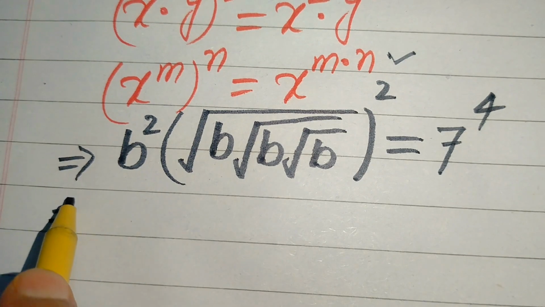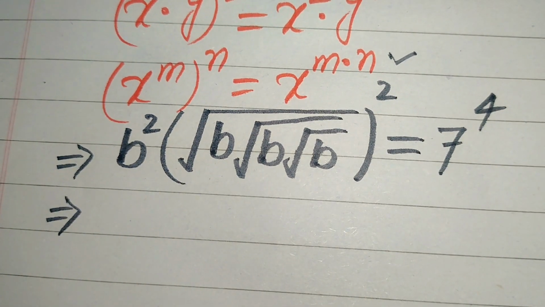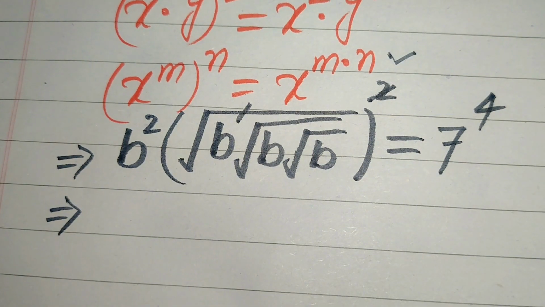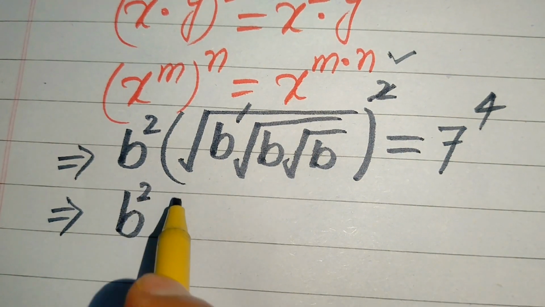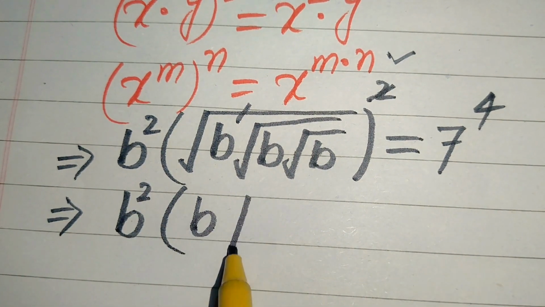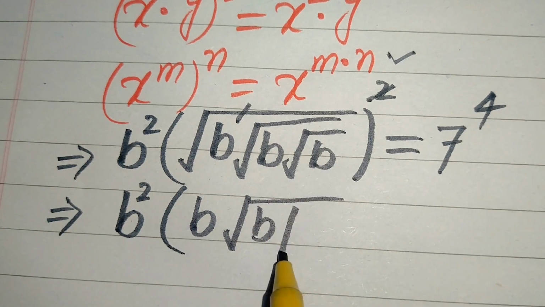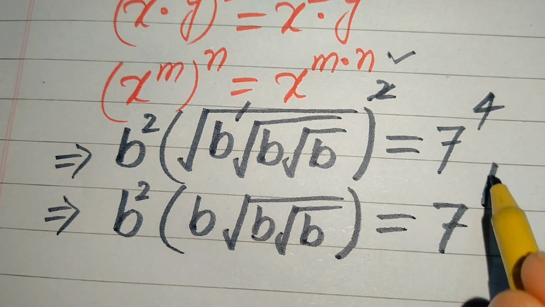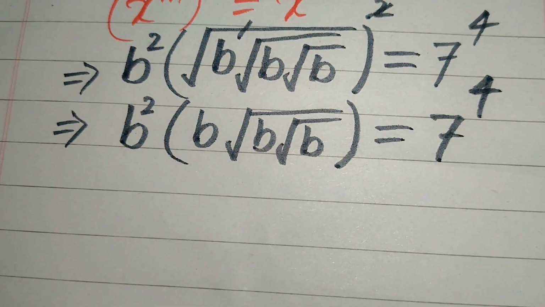Now we need a little more simplification on the left hand side, and we cancel this 2 and this square root sign again, and we get the remaining value: b squared times b into square root of b into square root of b, and this is equal to 7 to the power of 4.